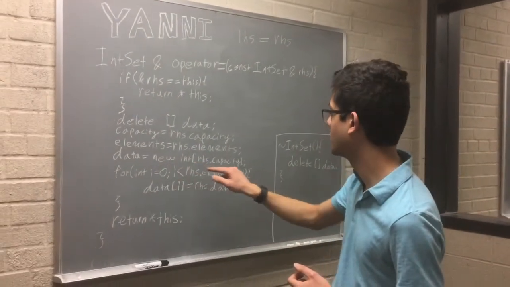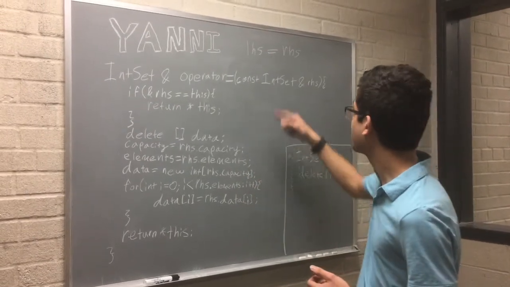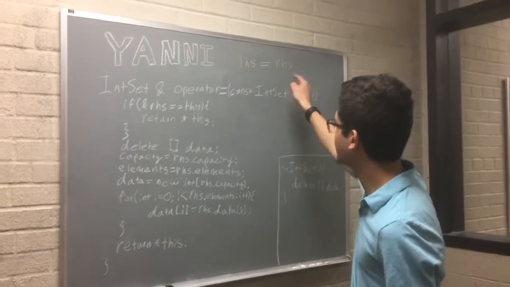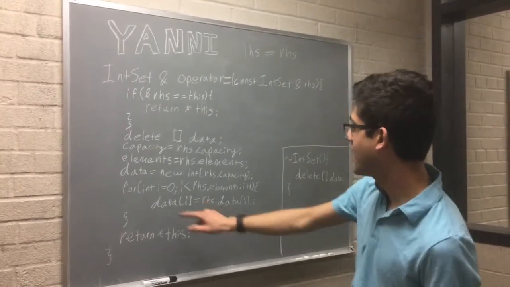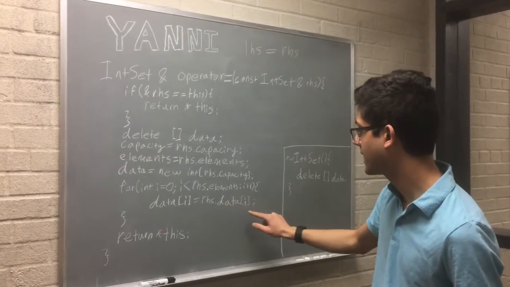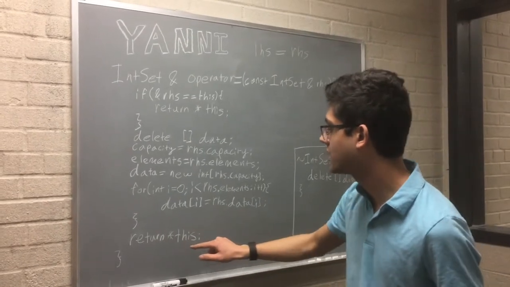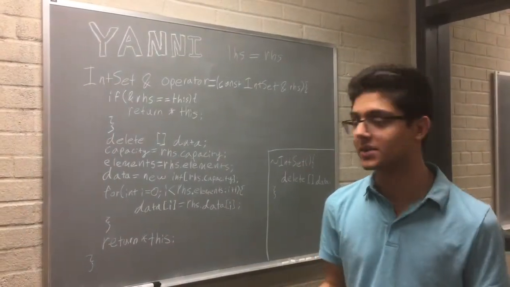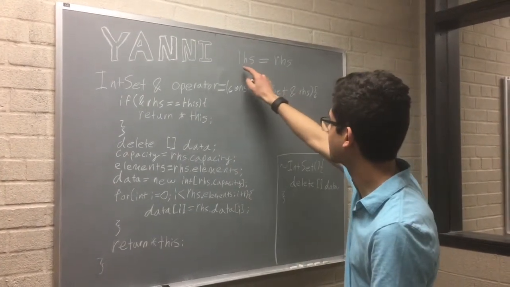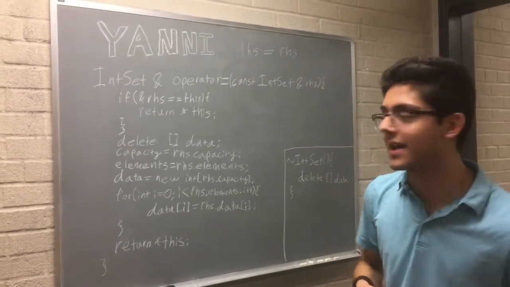We're allocating a new array of size capacity from the right-hand side. So now we have this empty array, and we have to fill it with what's in the right-hand side. And again, we use a very simple for loop to just copy what's from the right-hand side into the new object, and we return star this, the dereferenced pointer, which is going to then return the left-hand side, and we've made a deep copy there.